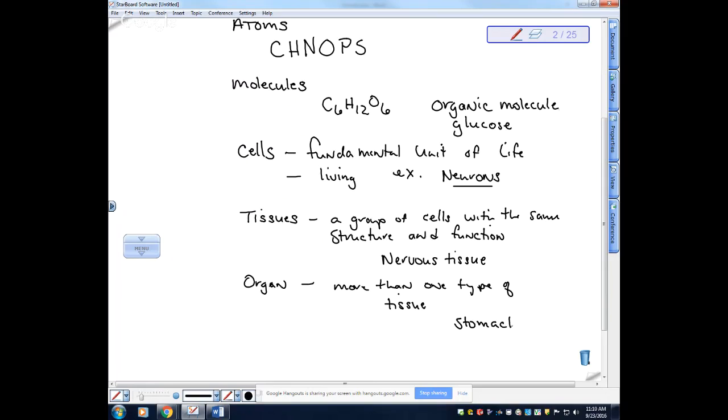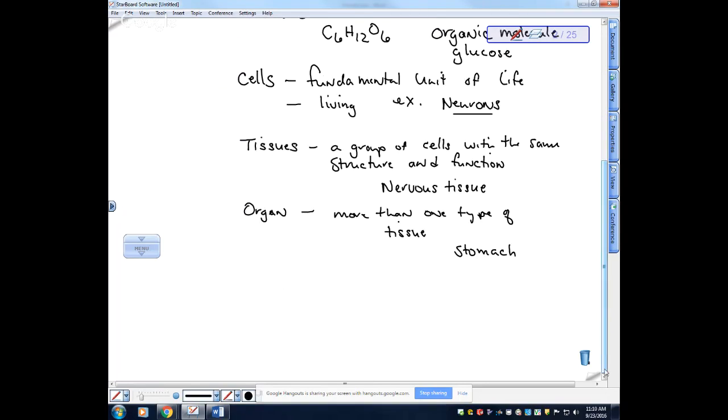The stomach would be an organ, and the stomach is made up of muscle tissue, but it also has nervous tissue in it. Because it has more than one type of tissue, it is considered to be an organ. The next level of organization is the system. Okay? And these are organs that work together.